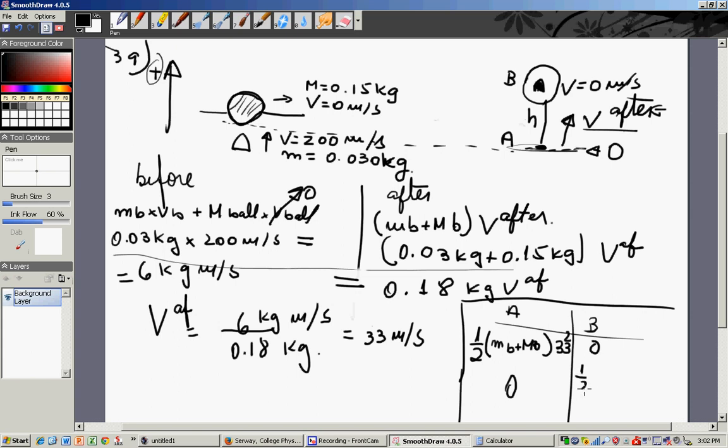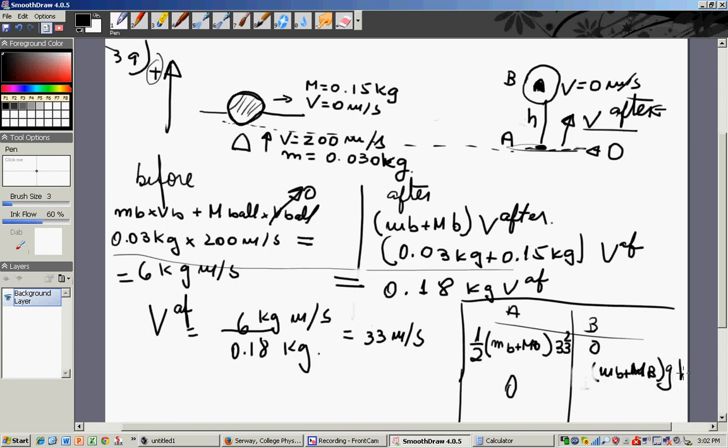given by m g. I'm sorry, I don't have too many numbers here. M times g times vertical displacement h, which I want to find.